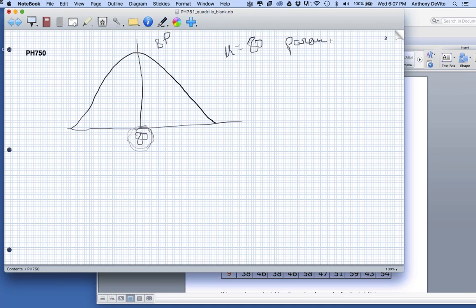Now the standard deviation would be signified by sigma. I'm going to say that the standard deviation is 10, in millimeters of mercury. At any rate, the standard deviation is 10.